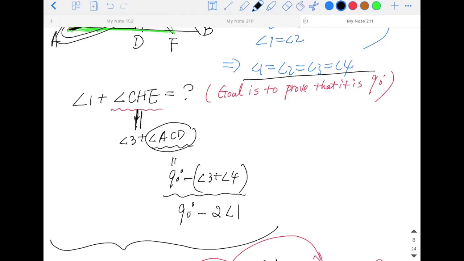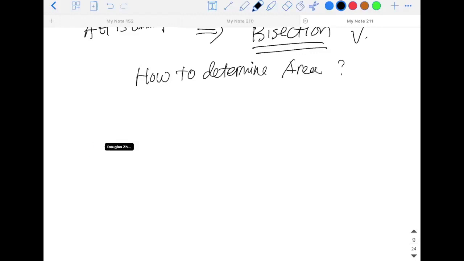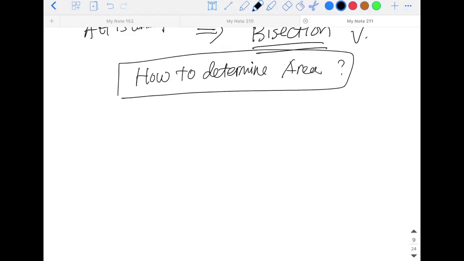Okay, moving forward, I want to talk about another very important part for the triangle, which is the area method. How to determine the area. This is actually a very important topic for this triangle related section.